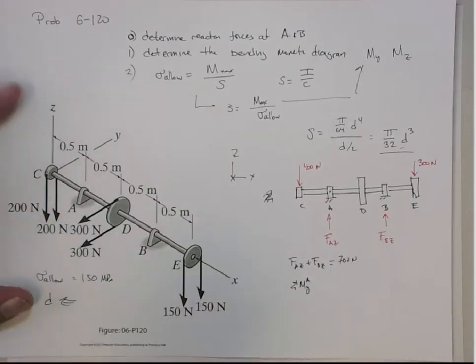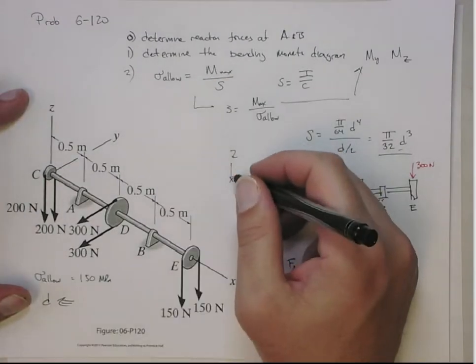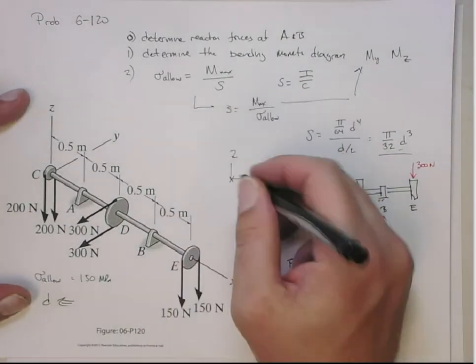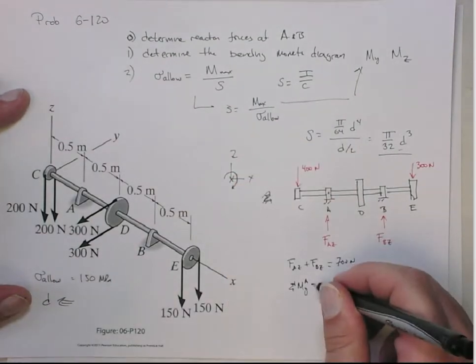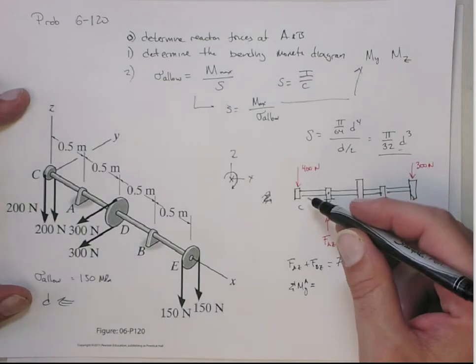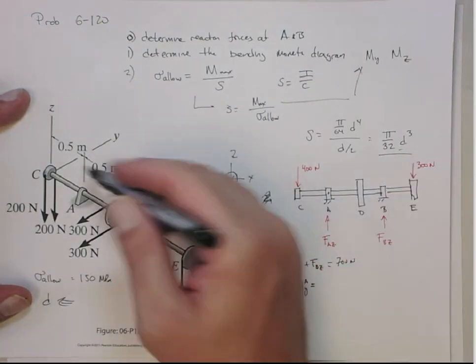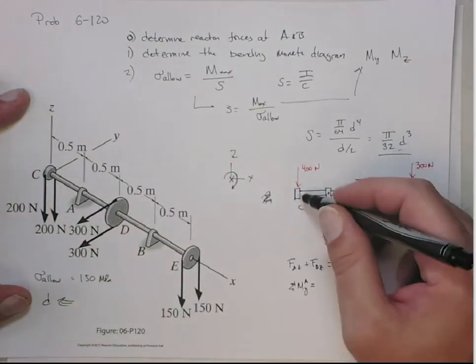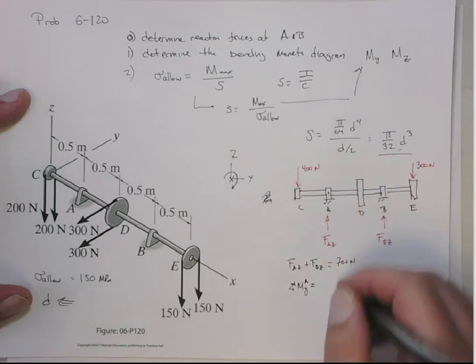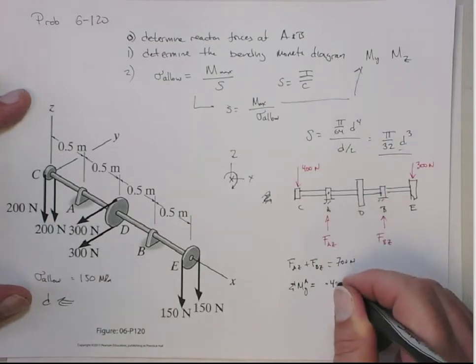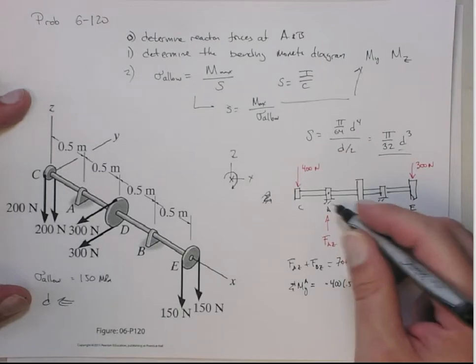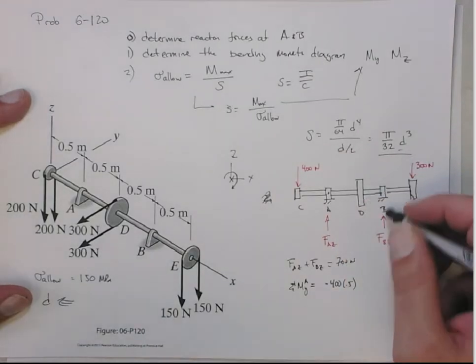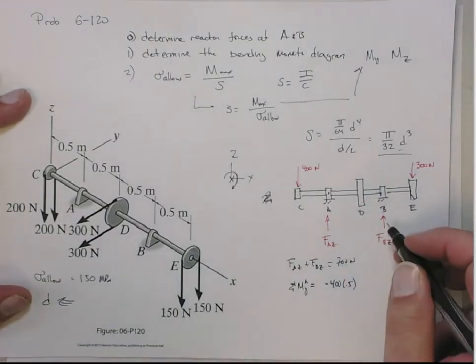And so the positive moment around the y-axis is actually going to be clockwise, right? So that's a positive moment. Each one of these is half a meter, right? We've got half meter, half meter, half meter. So the moment arm of this one around A, that's a negative 400 times 0.5. This one does nothing. This has nothing.